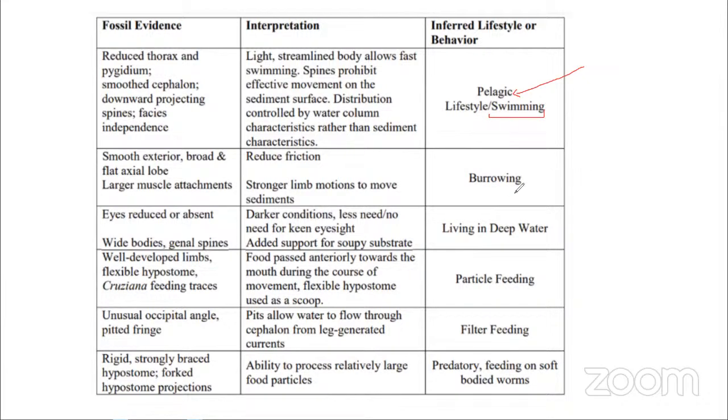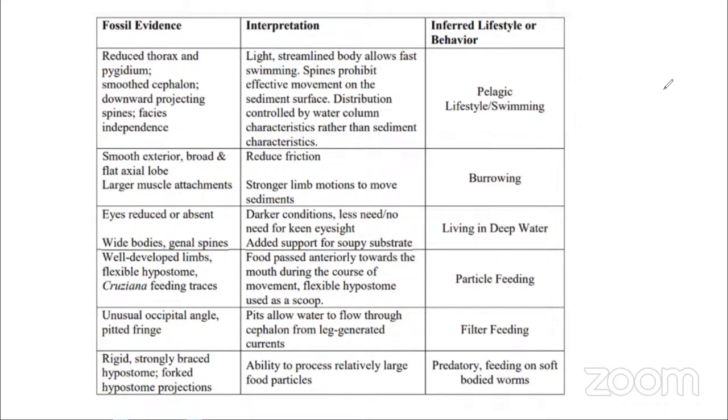We have trilobites that burrow, trilobites living in quite deep water, trilobites that eat particles, trilobites that filter feed, as well as some trilobites that eat soft-bodied worms, so are predating upon some other organisms. I want you to take a second and read through some of these pieces of fossil evidence and interpretation and try and figure out how some of those things relate to each other.